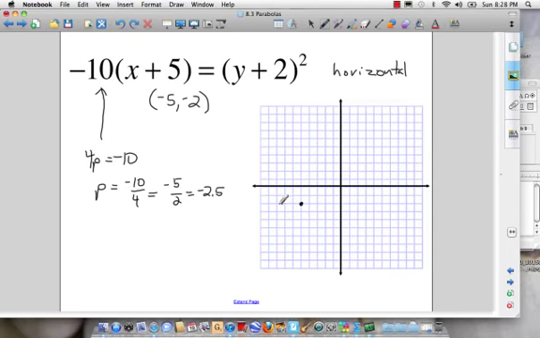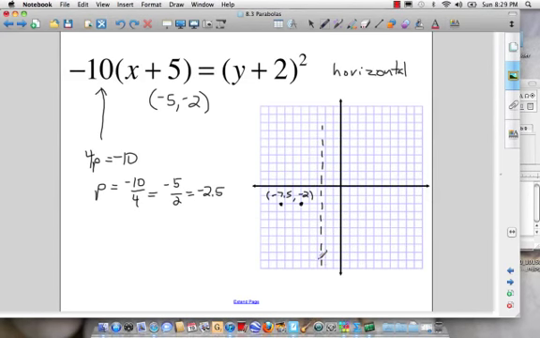Again, I know that this is horizontally aligned because the y is squared, not the x. So there's my focus at (−7.5, −2). And then my directrix should be 2.5 units the other direction. So I'll draw a dotted line in here.